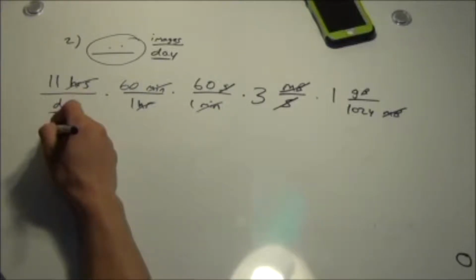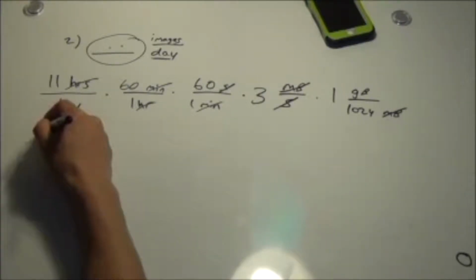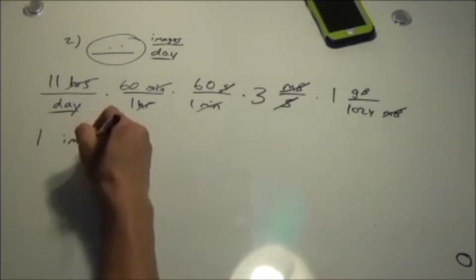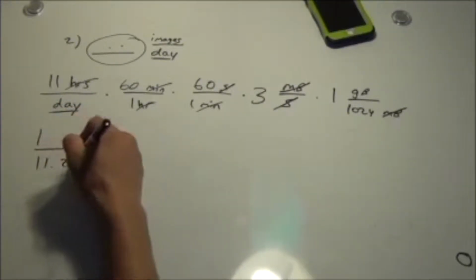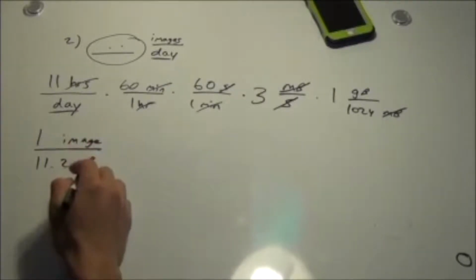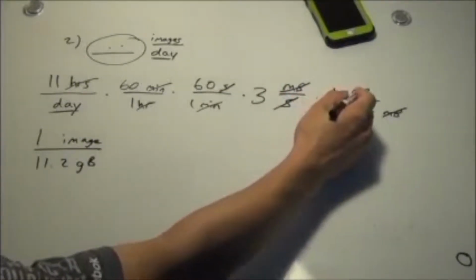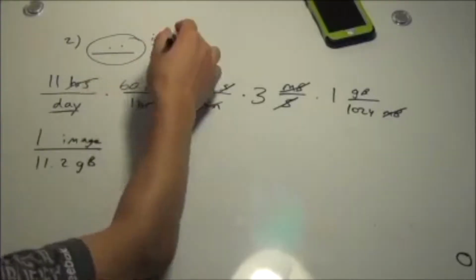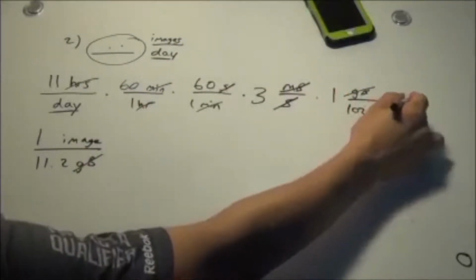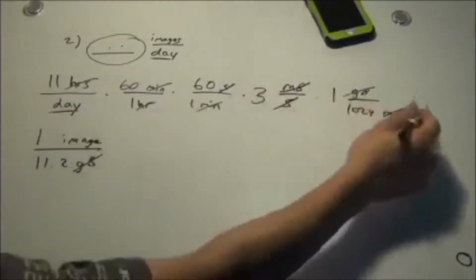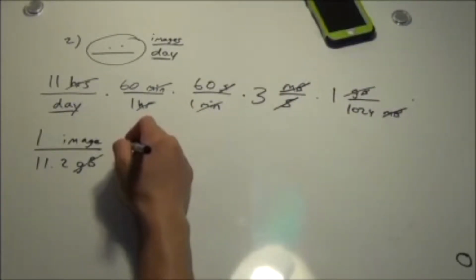So then we can do one image is 11.2 gigabits. Note we put the gigabit in the denominator so that it would cancel with that gigabit and leave us with the image in the numerator. This is multiplying; I just wrapped it around because I didn't have space. Now we can use our calculator.